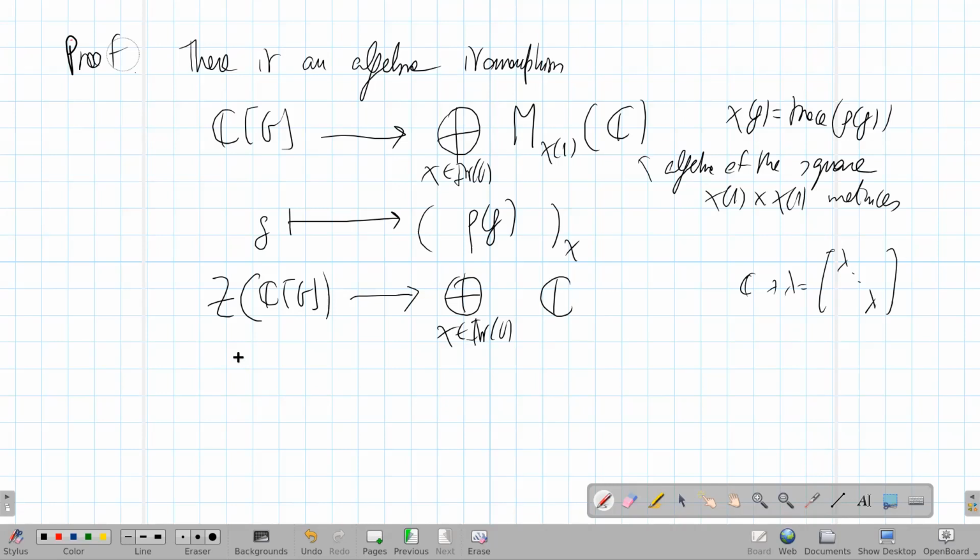Suppose g is an element of G, and the conjugacy class of g consists of these elements, x1 up to xn.